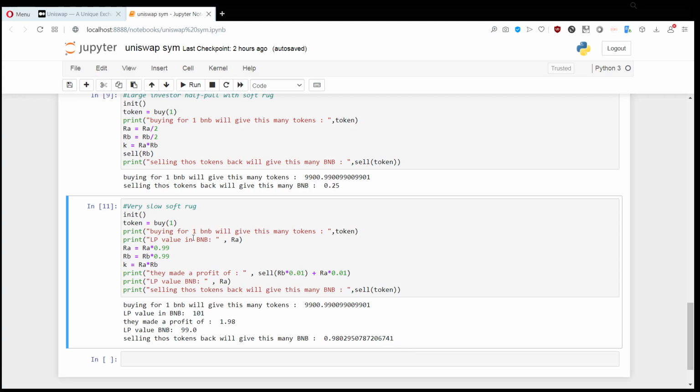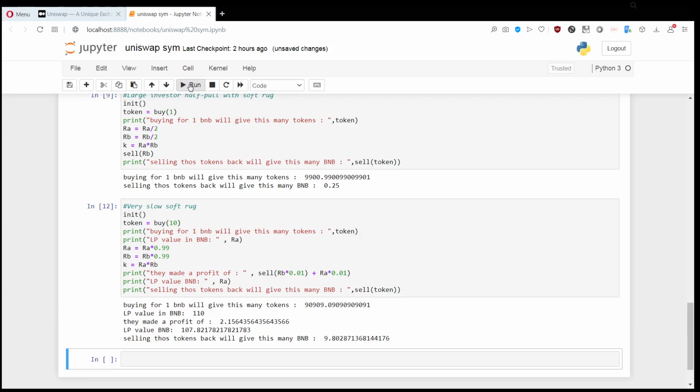That's not very good, especially if you're a large investor and you bought it for 10 BNB, because suddenly your 10 BNB are worth 9.8. And if you are an investor who bought for 1,000 BNB, that's 20 BNB that they're taking away. They took 21 BNB profit, and they walk away, and your initial 1,000 BNB investment is only worth 980.